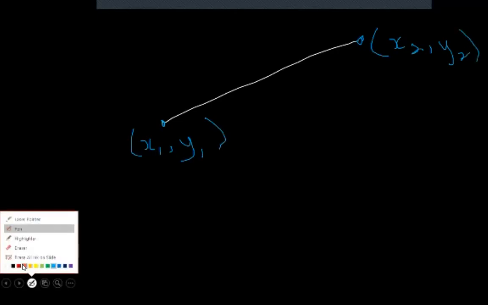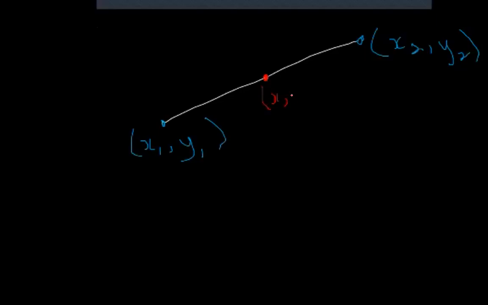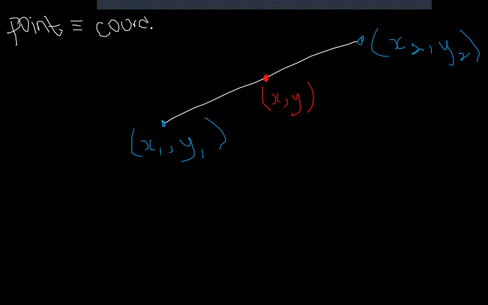If I wanted to find the midpoint, meaning the middle of the line, we just know it's in the form x, y. Remember, point means the same as coordinate. So if they ask for a point, they mean a coordinate, and a coordinate is always in the form x, comma, y.